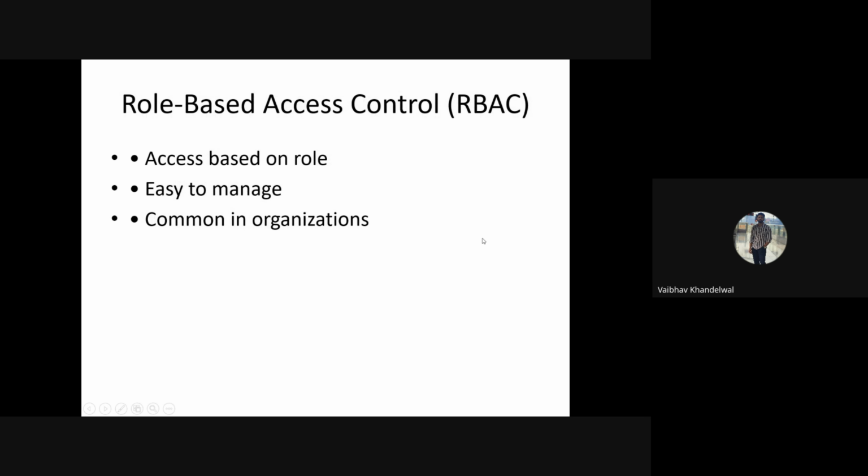Then next is role-based access control. Role-based access control is the most commonly used access control model. There is a predefined model that we use. It means access based on job roles, what job role you have, and it is easy to manage. It scales well.